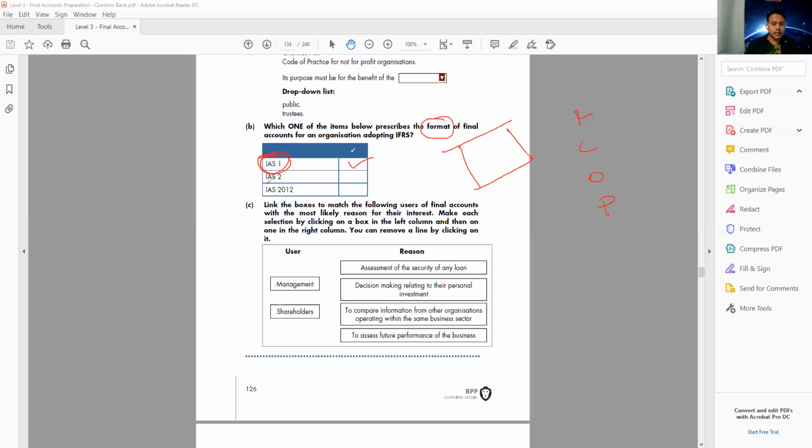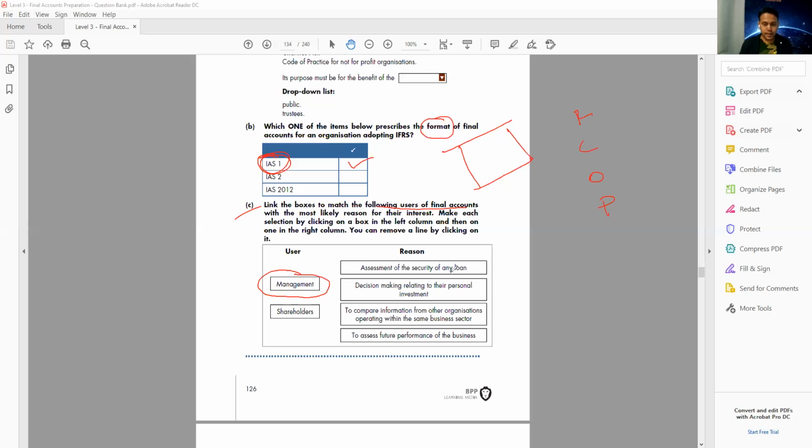Okay, so the next question we have here, number C. Link the box to match the following users of financial statements. So the people who use the financial statements, like the profit and loss account and the balance sheet. For example, the management. Why does management need to use it? Assessment of the security of the loan?